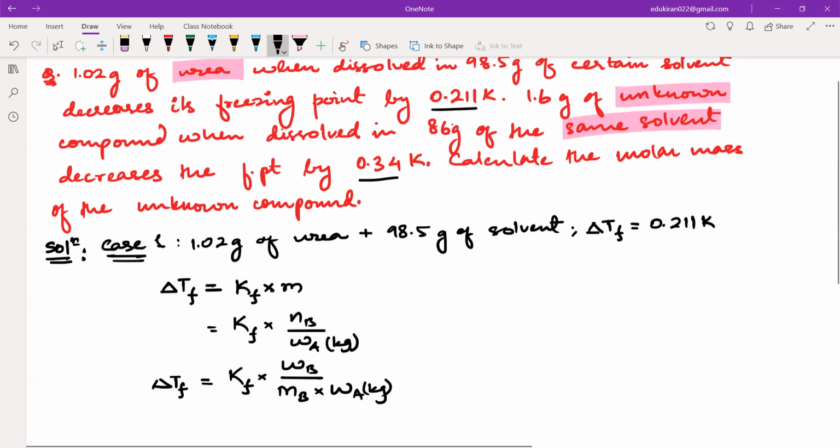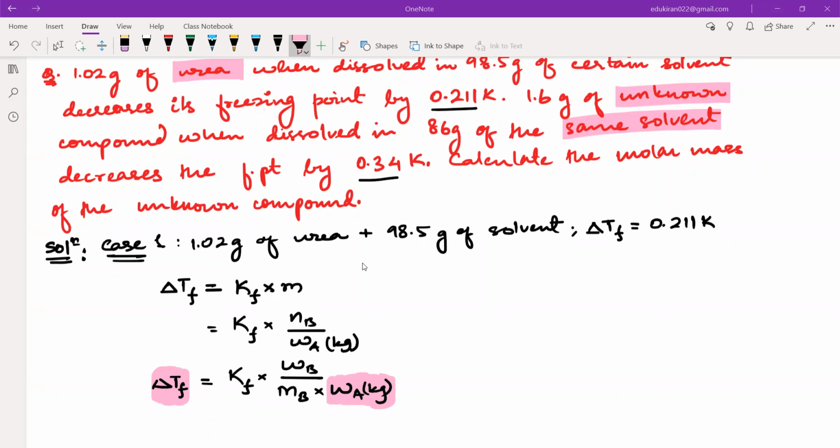Okay. Now, can you see delta Tf is given? Yes or no? Wa in kg you can find out, right? It is given in grams. Is Wa, the mass of solvent, given, yes or no?